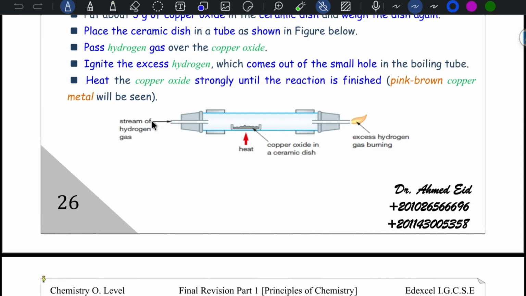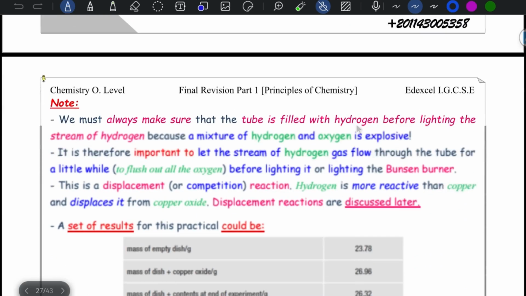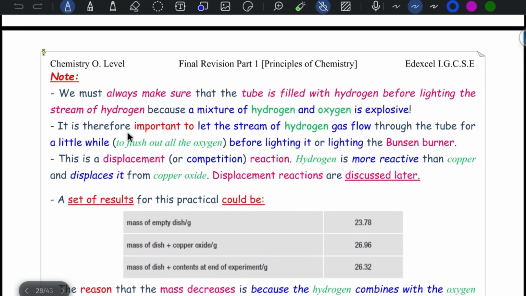So just move a stream of hydrogen through until the hydrogen comes out from this side, then start to heat. It's important to let the stream of hydrogen gas flow through the tube for a little while to flush out all the oxygen before lighting the Bunsen burner.